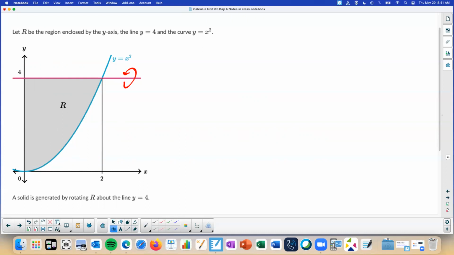But the reason I bring up reusing the pictures is don't get too ingrained into just looking at the picture without reading the info, because I have seen quite a few of the homework problems where they have the wrong line colored to be the axis of revolution. So go by the wording. You can double check the picture's correct, but they're not all correct.